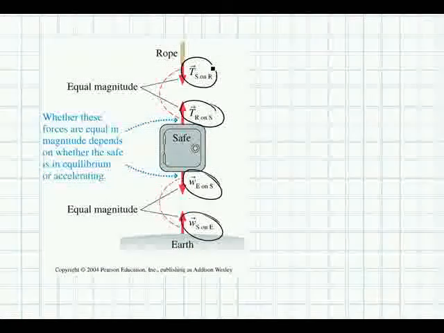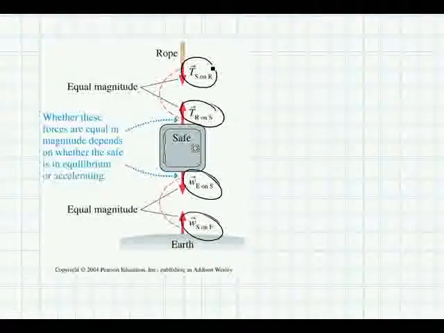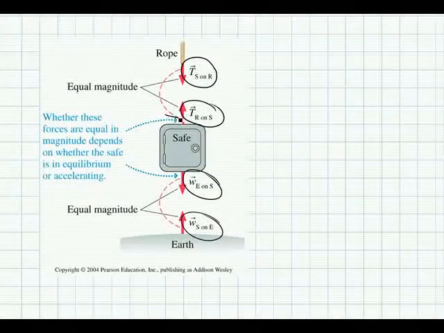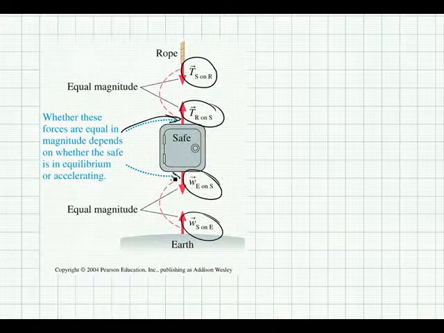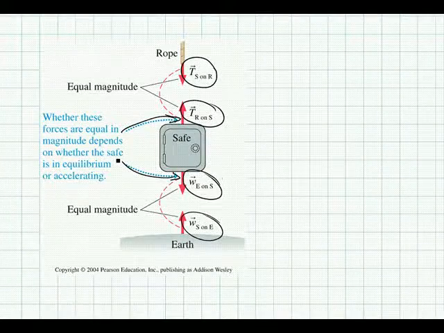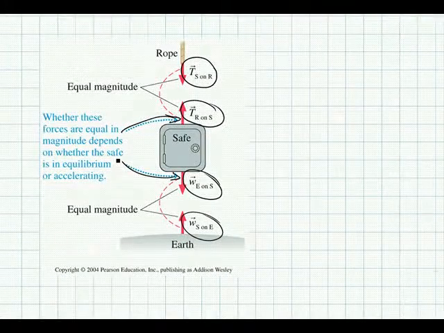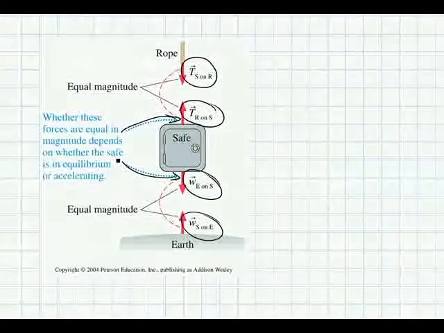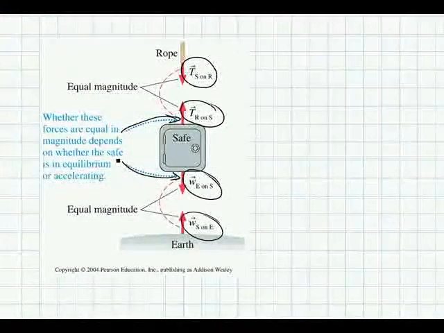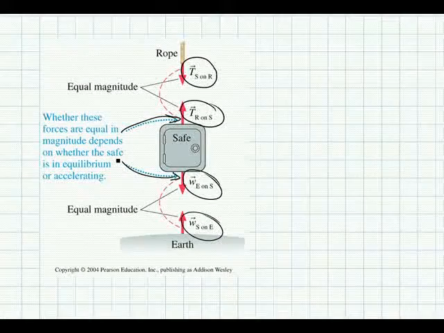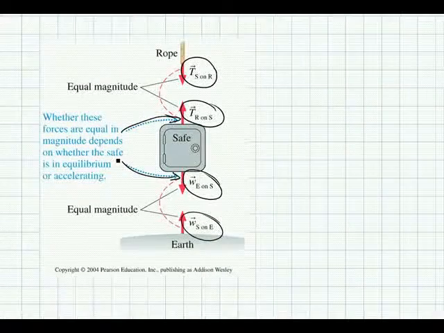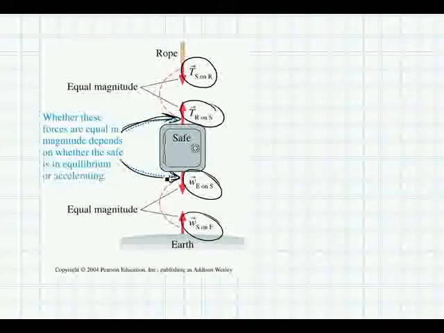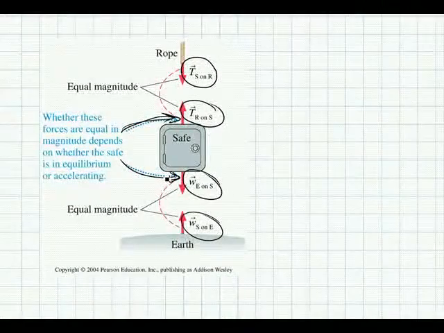Now, if the safe is in equilibrium, as it happens, these two forces, this one there, this one here, are equal in magnitude but opposite in direction. This is a direct result of Newton's second law, but even though we have equal magnitude forces with opposite direction, this doesn't mean that these two forces are action-reaction pairs. So they're not.